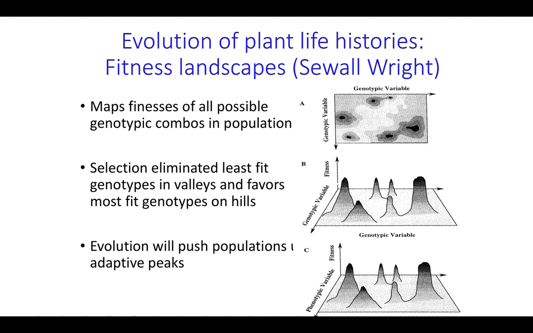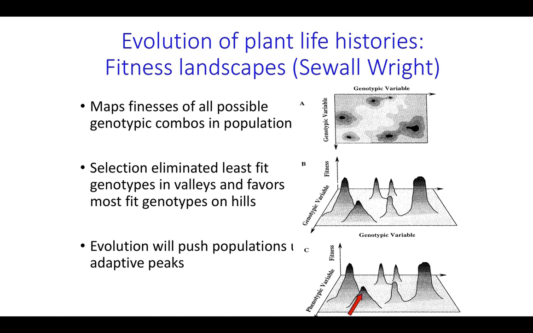And in general, selection is going to eliminate the least fit genotypes in valleys and then favor the most fit genotypes on the hills. And evolution will always push populations upward, up hills, up until the adaptive peaks.